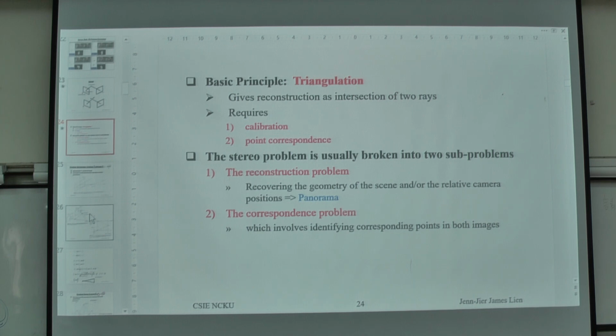All the 3D algorithms are based on triangulation, 都是用相似三角形量测的方式。All the 3D things, the theory is really easy. The theory is very easy, but in reality, it's not easy because there is a lot of noise.